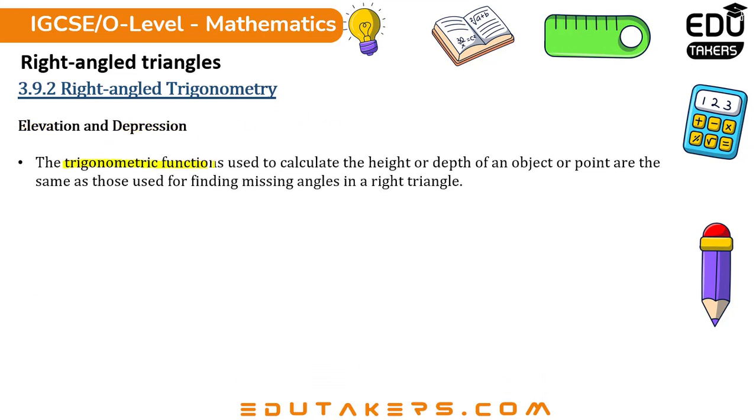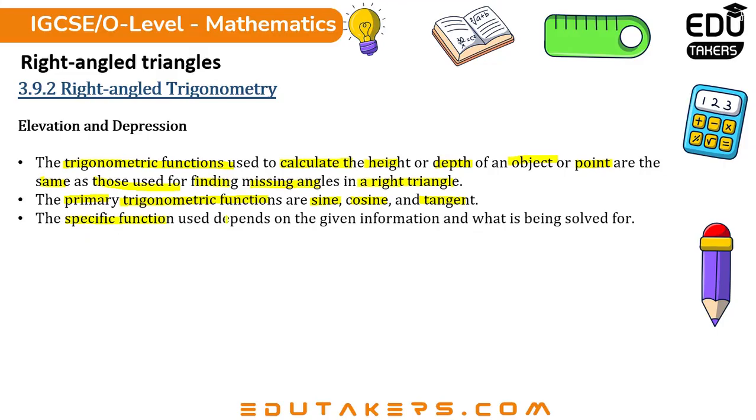The trigonometric functions used to calculate the height or depth of an object or point are the same as those used for finding missing angles in a right triangle. The primary trigonometric functions are sine, cosine, and tangent. The specific function used depends on the given information and what is being solved for.